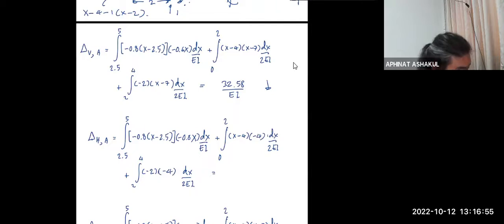And the final answer is 28.33 over EI. It's positive, so that goes that way, the same way as our applied load.